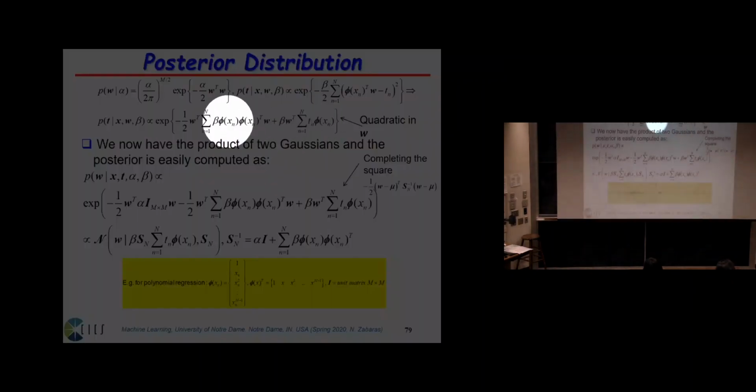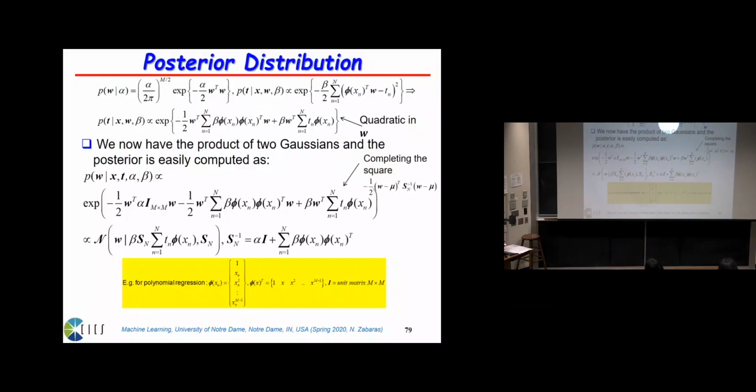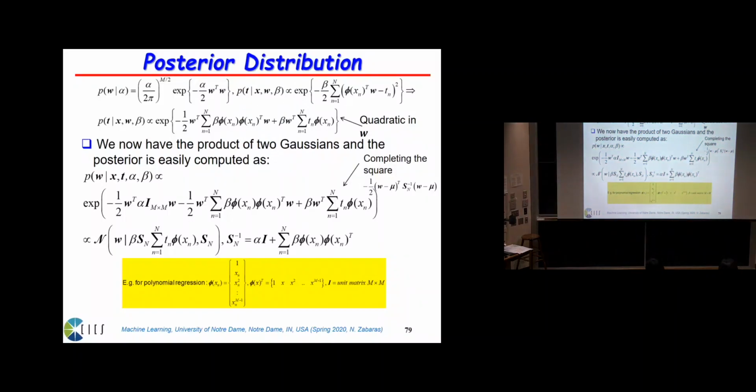I look at this equation, right? It has W transpose times something times W. And this is W transpose some vector plus some constants, right? So when you see W transpose times a matrix times W, what does that tell you? You forgot, I mentioned this, closing the square. What's the idea?